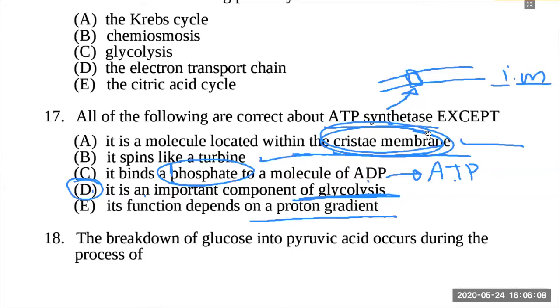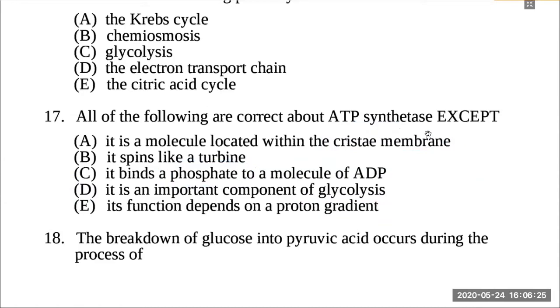When this proton gradient is formed across the inner membrane, the ATP synthase will be activated and it will produce ATP molecules. So the answer is D. It's an important component of glycolysis. This is not true, because the question says all are correct except, so one of them is not correct.